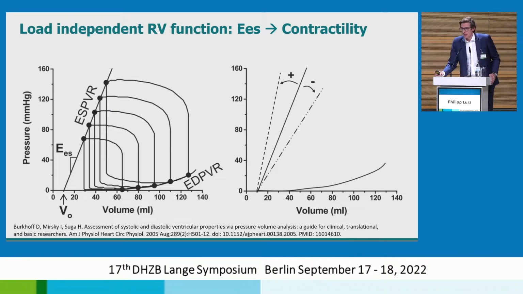The problem when we assess RV function is always that we see the current state under certain loading conditions, whether it is abnormal, pressure overloaded, or volume overloaded. But you don't know what the true potential, the intrinsic function of the RV, is. And one way to do so is to look at RV contractility. We can't do it in clinical setups, but it's a nice research tool.